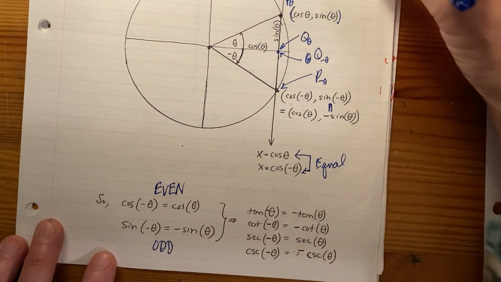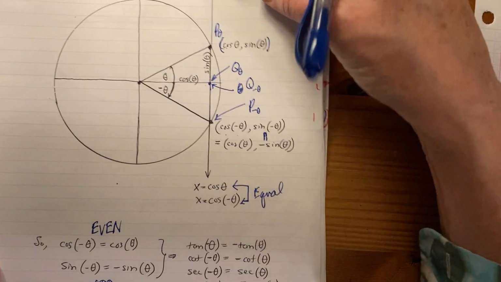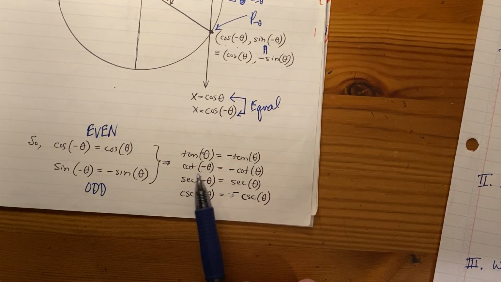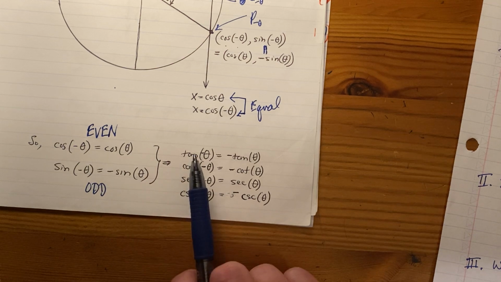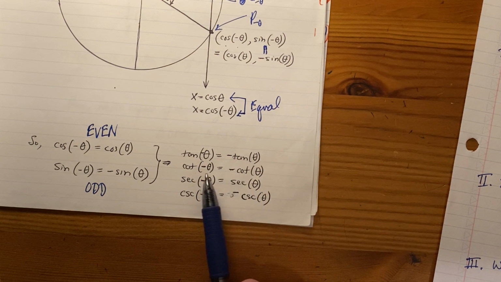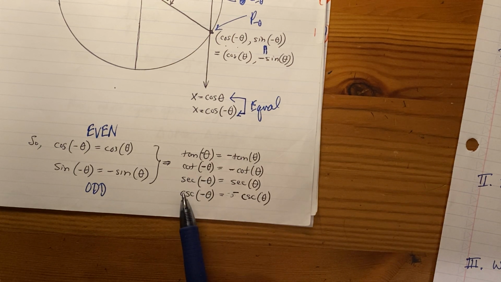If you go into the other 4 basic trig functions, using these, you can prove that the tangent, which is a sine over a cosine, the tangent of the opposite of an angle is the opposite of the tangent. Same thing is going to be true of the cotangent, because it's a cosine over a sine. Secant is just 1 over the cosine.